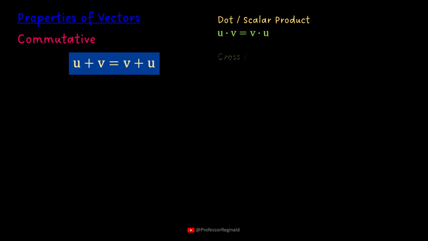Meanwhile, for cross or vector product, the product of two vectors is not commutative. Vector multiplication will be discussed in more detail in another video.